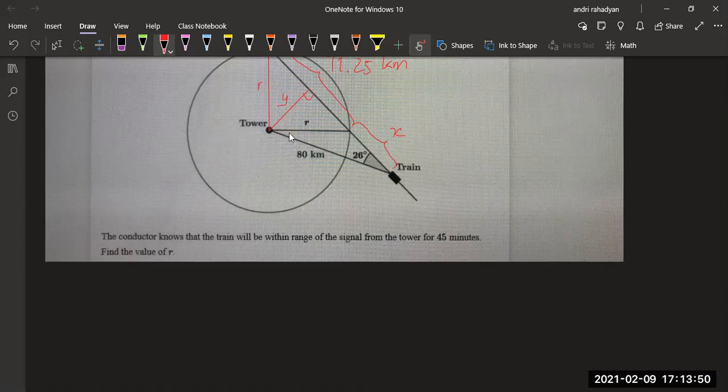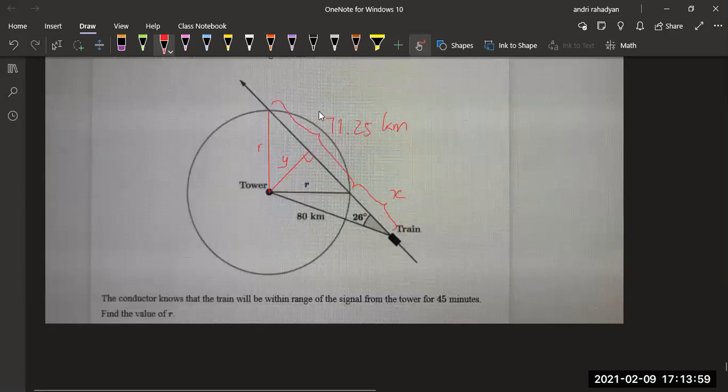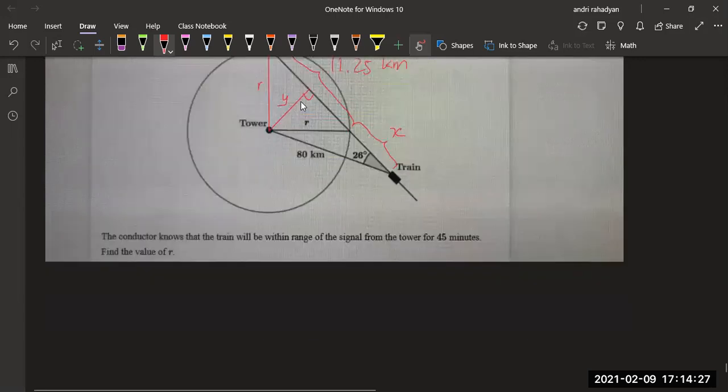So we got Y squared plus 71.25 over 2 plus X. Okay, we have a right angle triangle.